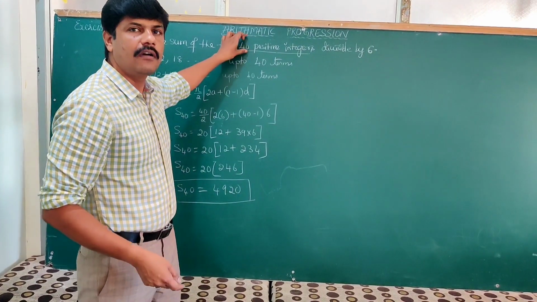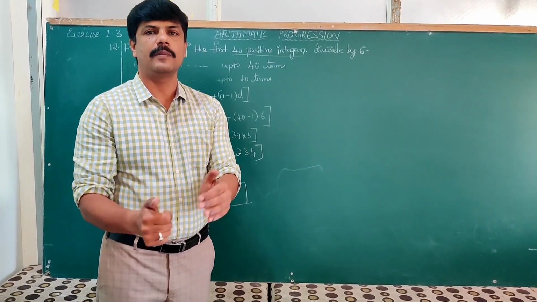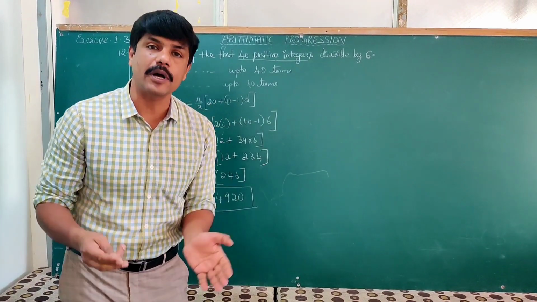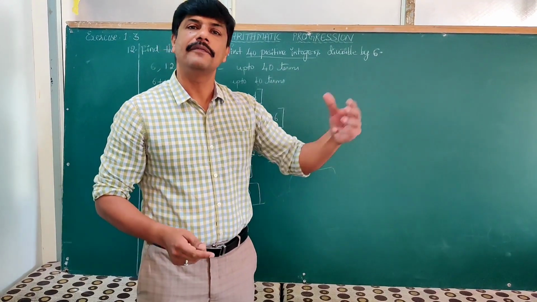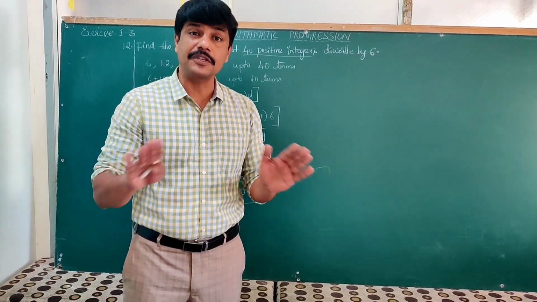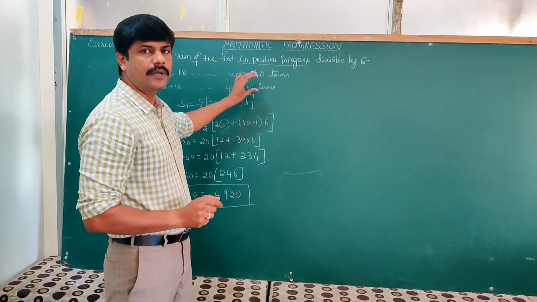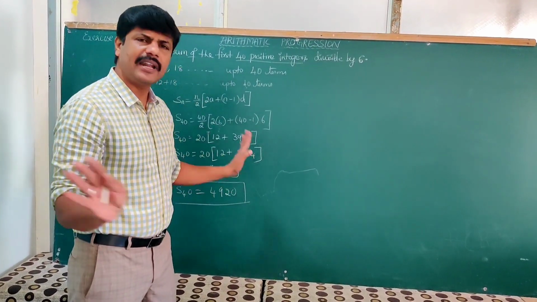Not only the first 40 positive integers, make it the first 50 positive integers divisible by 7, or the first 60 positive integers divisible by 3, 4. Like this you have to construct various problems of your own and solve them, so that this problem will be understood in a very easy way.